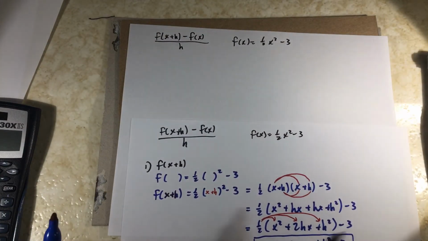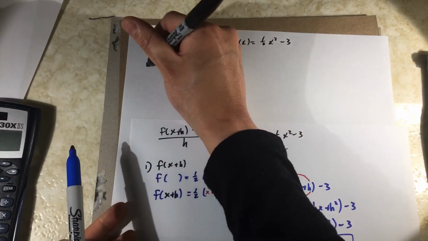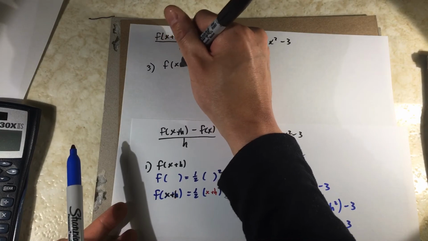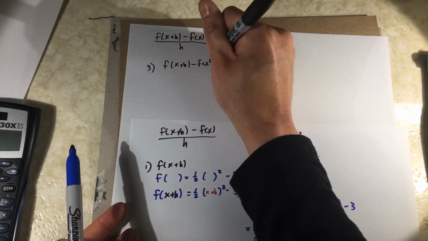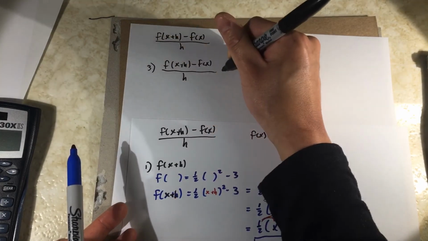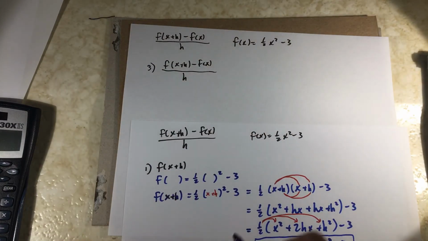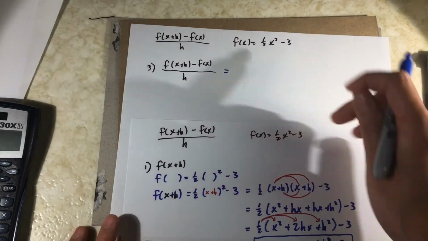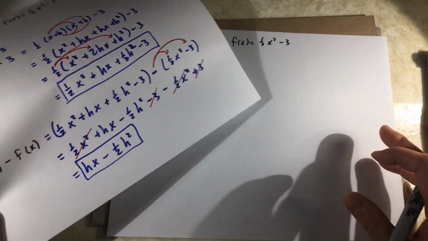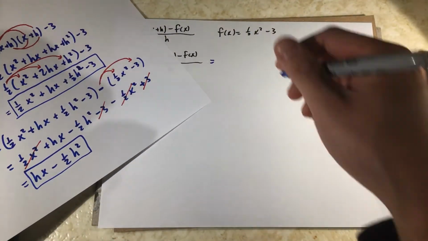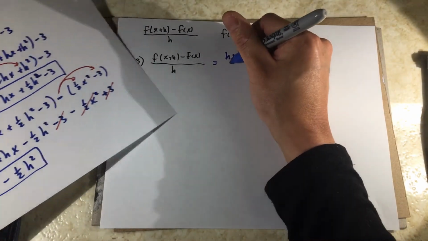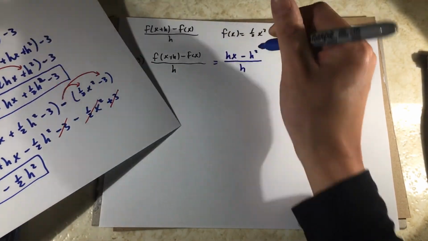Then our third step is we're going to calculate this. We know step 2 was calculating this numerator. This numerator is equal to this value, hx plus 1/2 h squared, and then the denominator is h.